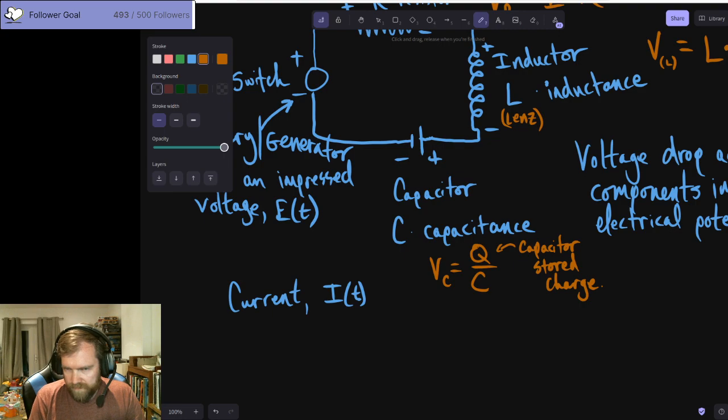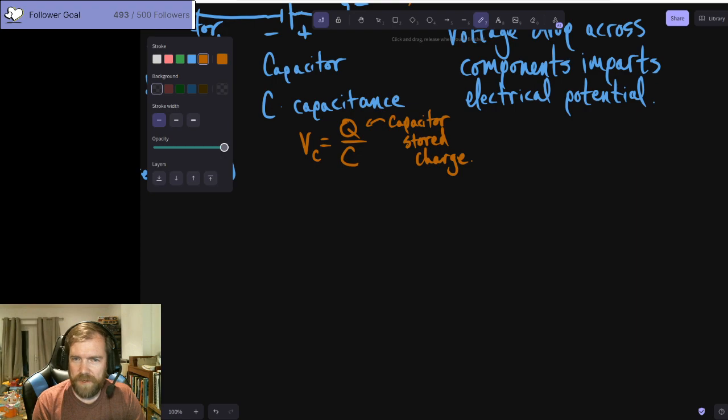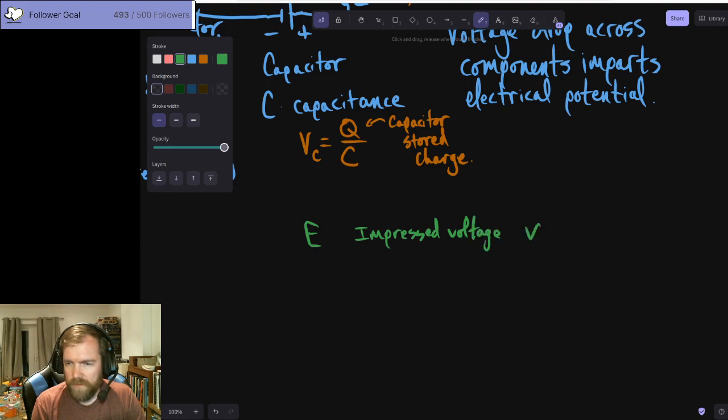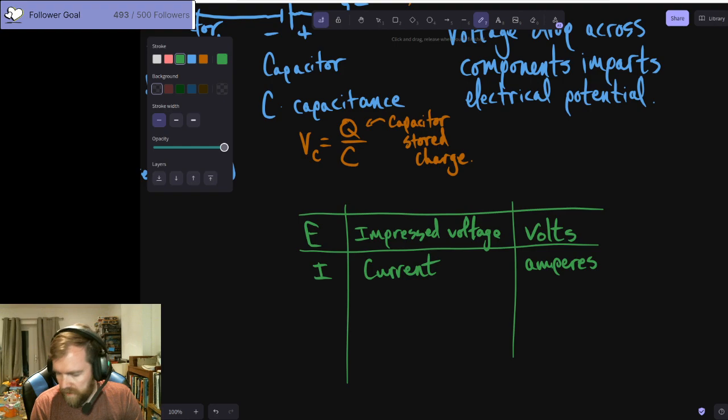So with this, we've got quite a few different units that we're using. We've got E, which is the impressed voltage, which uses volts. We've got I, which is the current, which uses amperes.